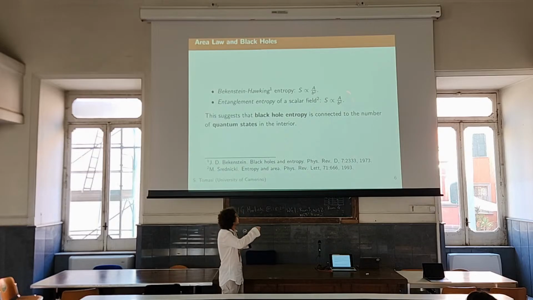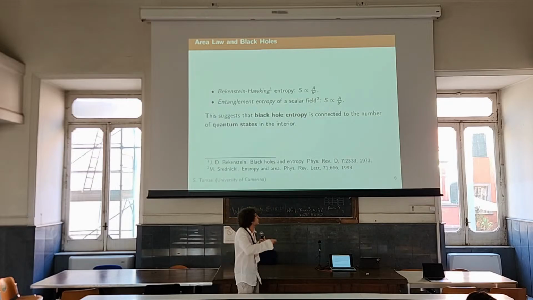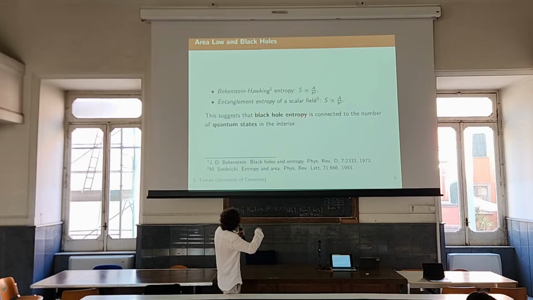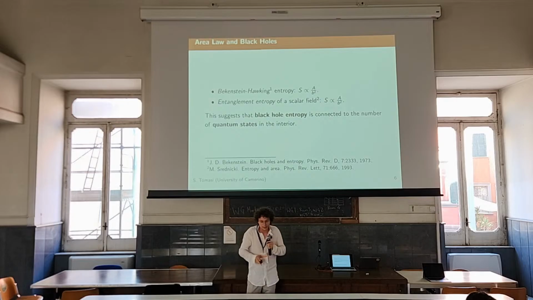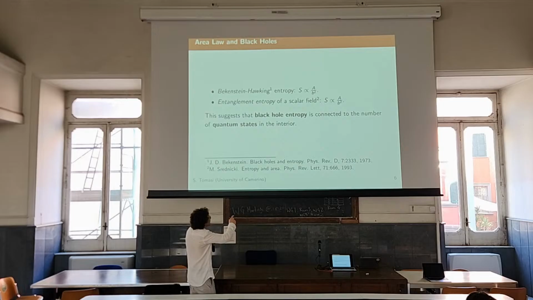The coefficients are different, but it is still an area law. So this is quite interesting, since it hints that maybe we could think about the black hole entropy as the number of quantum states in the interior, and that could bridge the gap, so to say, a small bridge between the quantum theory and general relativity.